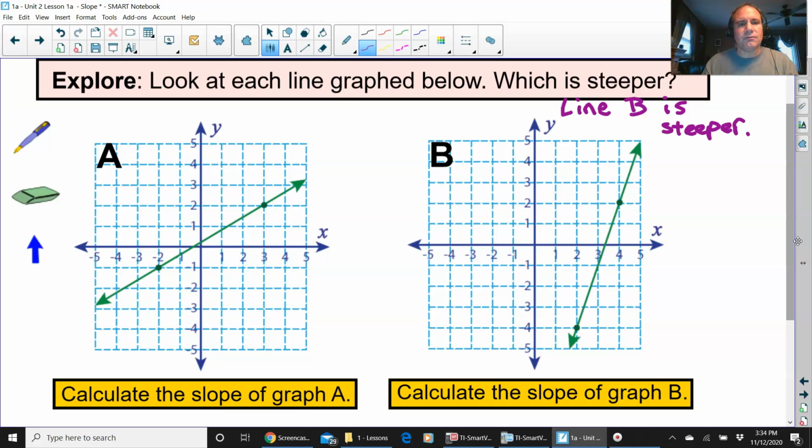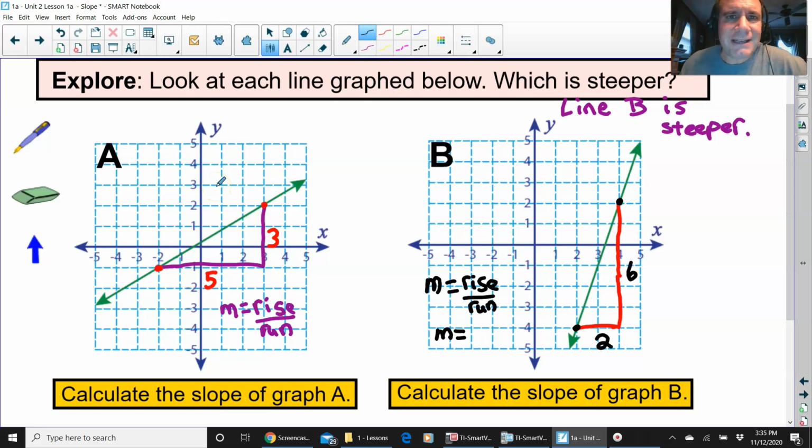Remember, rise over run. You can do it right on the graph itself. Just go down here a little bit, and we're going to do rise over run. Connect those 2 points, figure out the rise over run for both, and then we'll come back and review. Press pause, try the problems now.